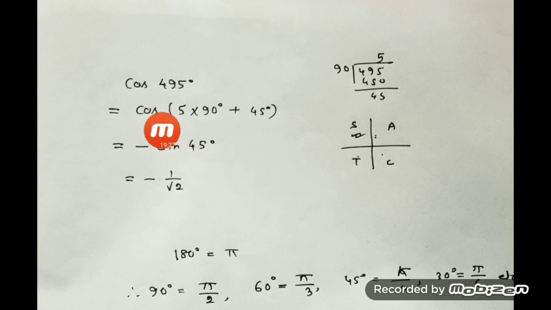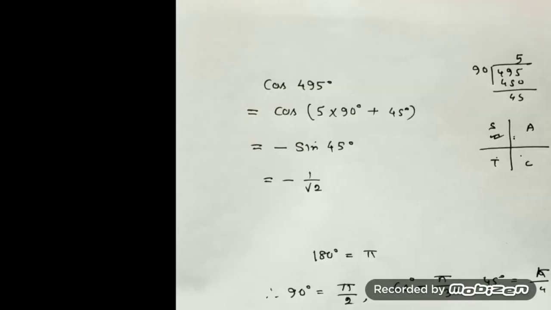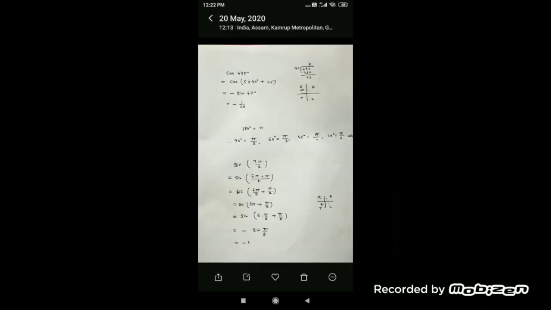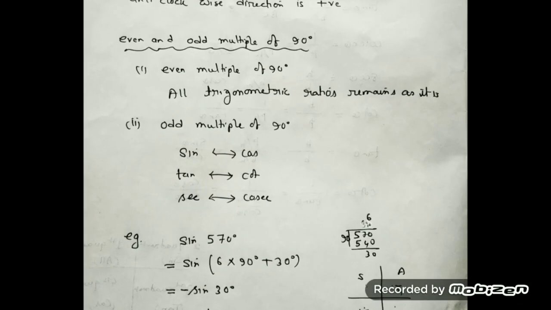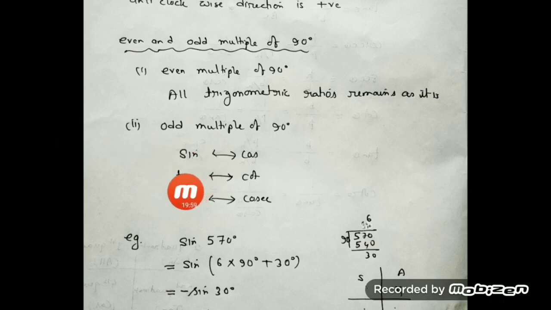Here it is an odd multiple of 90 degree, that is 5 into 90. In the case of an odd multiple of 90 degree, the trigonometric ratio changes. As I already told you, for an odd multiple of 90 degree, cos will change to sine.